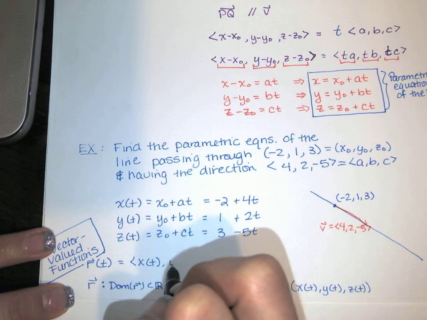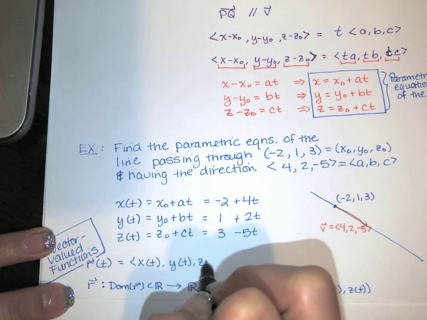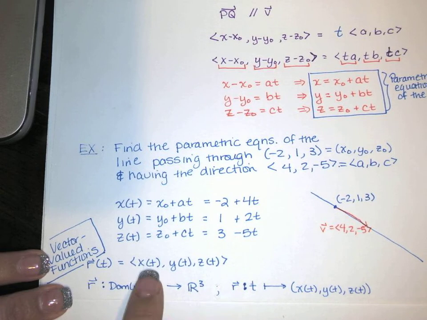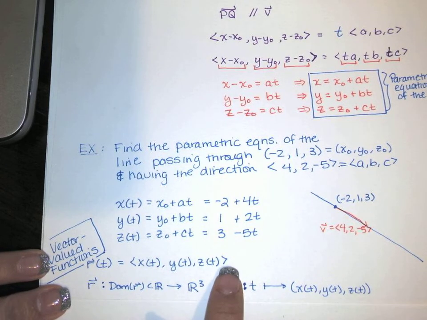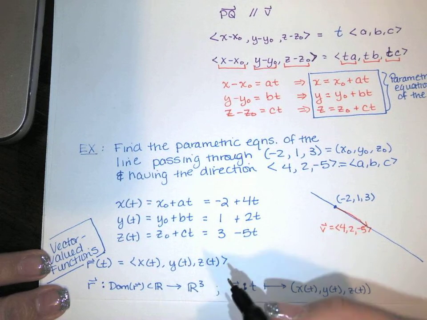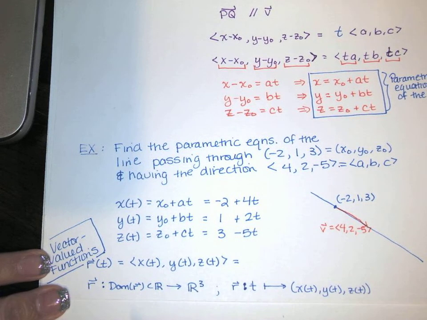It's like a vector with components, x of t, y of t, and z of t. And we're actually not concerned about the whole vector. We're just looking at the end point here. We often call this the position vector because it's telling us what position we're at maybe at a certain time, if that's what t represents. So if this represents time, this is the position I'm at that time.